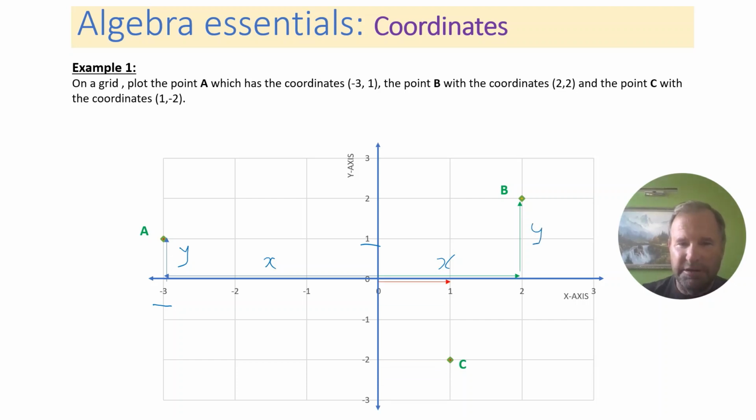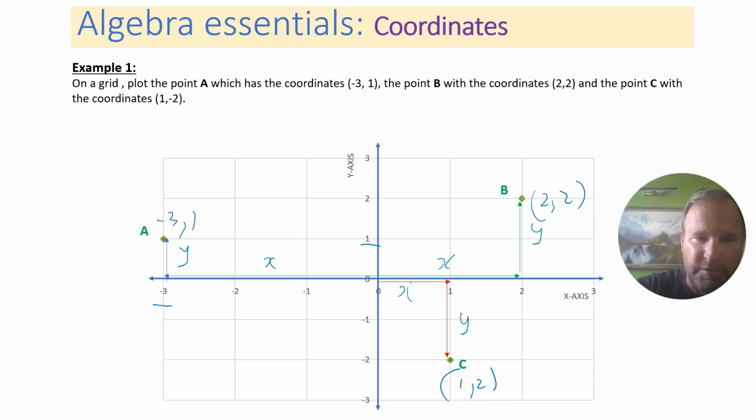And the last one, gone across the x coordinate here to 1, and then we'll go down the coordinate here would be y, which is -2, and that gives us our points. So remember, C is 1, -2, and point A is -3, and 1 up.